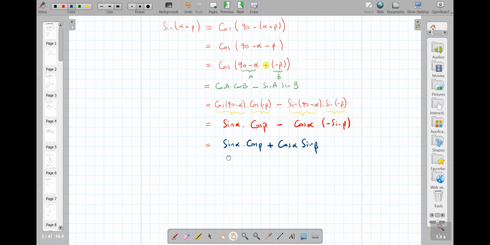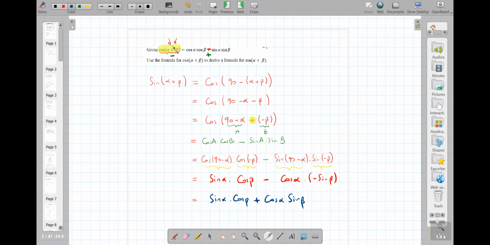Now, why did I do that? Because look at the given identity on the top, that's plus. So I want to write in the plus form. That one must be cosine something plus something, so that I can apply that rule given. Okay, but the question has a small problem because they can't be both positive. The identity must have a negative, then I could just use the bracket.